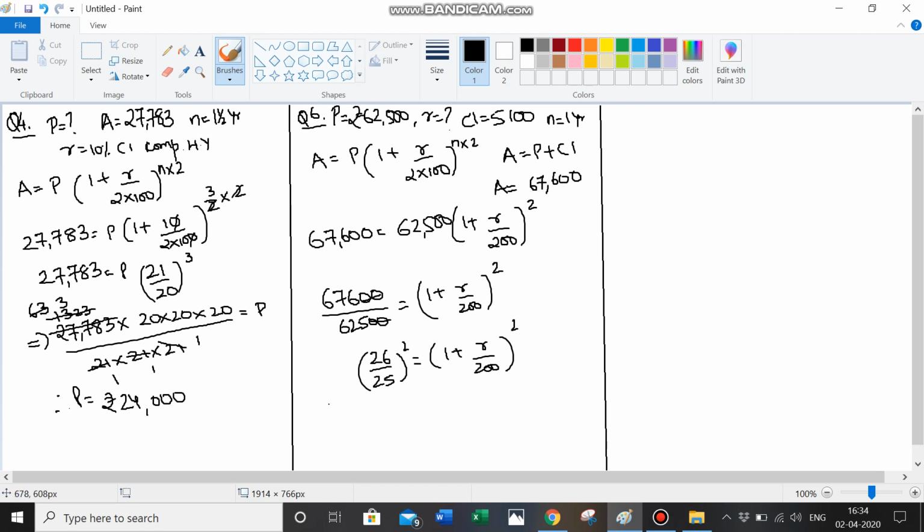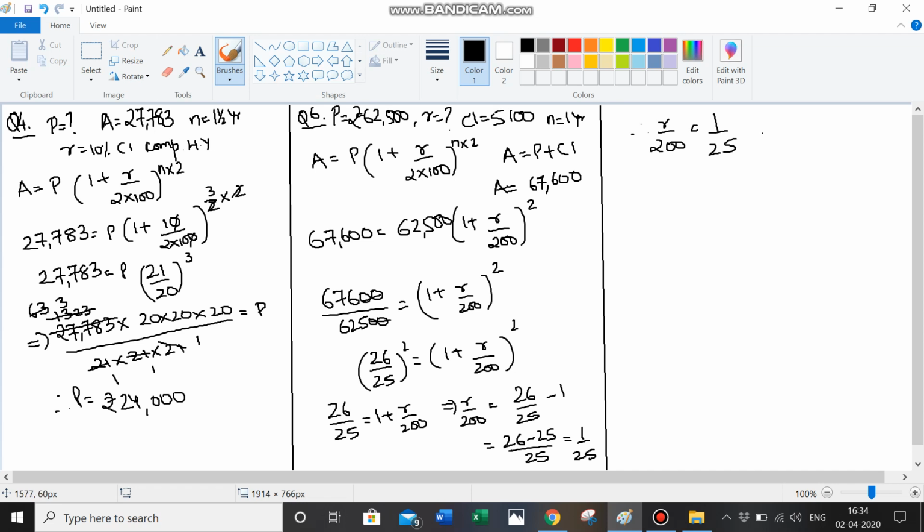Taking square root of both sides, 26 upon 25 is equal to 1 plus R upon 200, which gives me R upon 200 is equal to 26 upon 25 minus 1. This will be 26 minus 25 upon 25, which is equal to 1 upon 25. Therefore, R upon 200 is equal to 1 upon 25, which means R is equal to 200 upon 25, which is 8%. Perfect. That's my answer. R is equal to 8%.